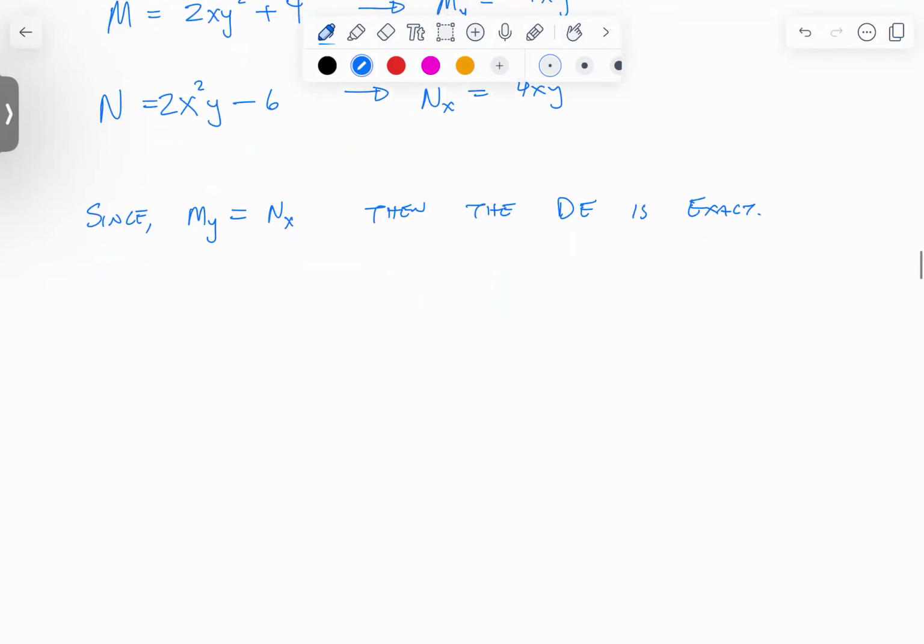I would definitely double check my math before I continue, because the alternative to not exact equations is unfortunate. Once again, now we can start finding psi, and it doesn't matter which one you pick, because they're both equivalent in difficulty.